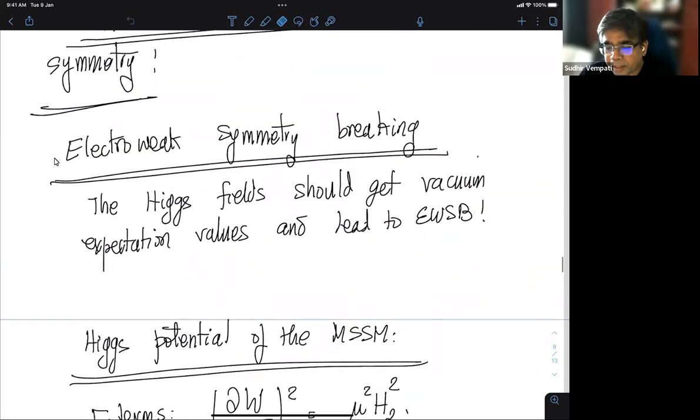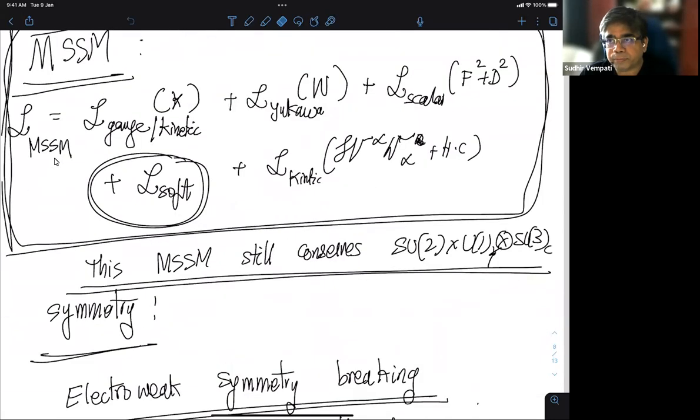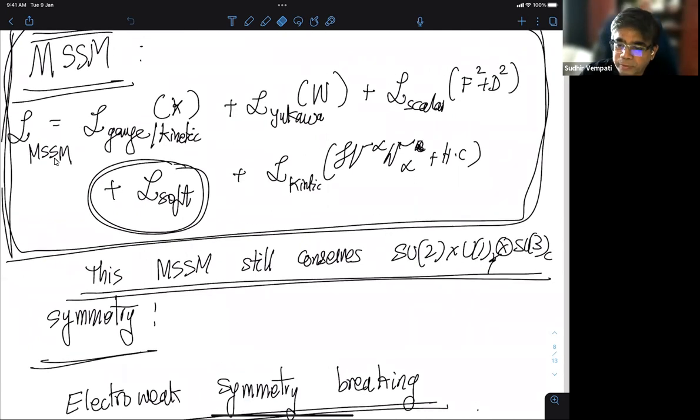Always remember the scalar potential of supersymmetric theories is nothing but F squared plus D squared. So this is what we have written all through. F squared plus D squared is the scalar potential. So if F gets a vacuum expectation value or D gets a vacuum expectation value, you can break supersymmetry.